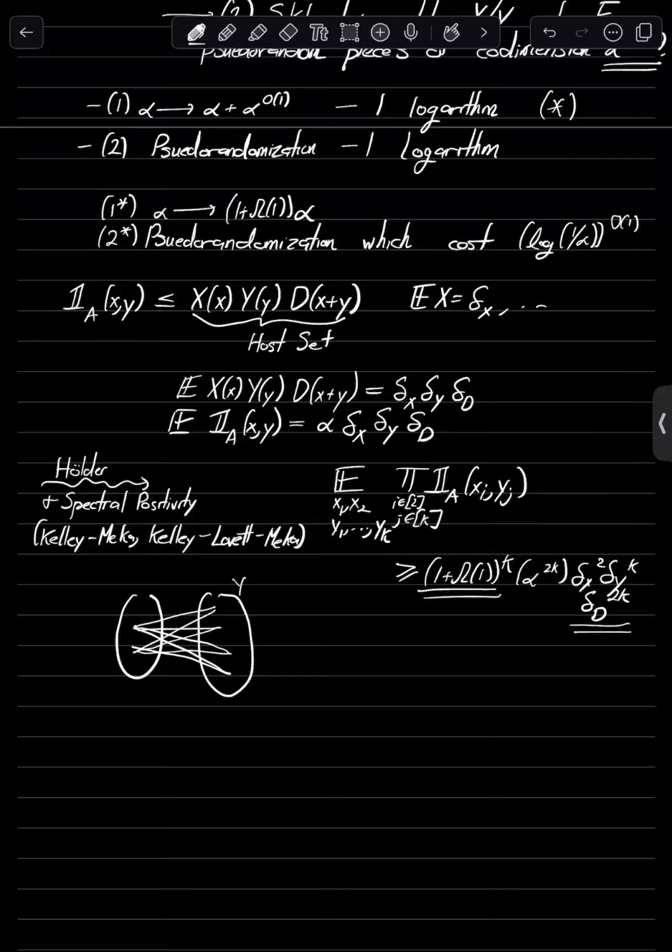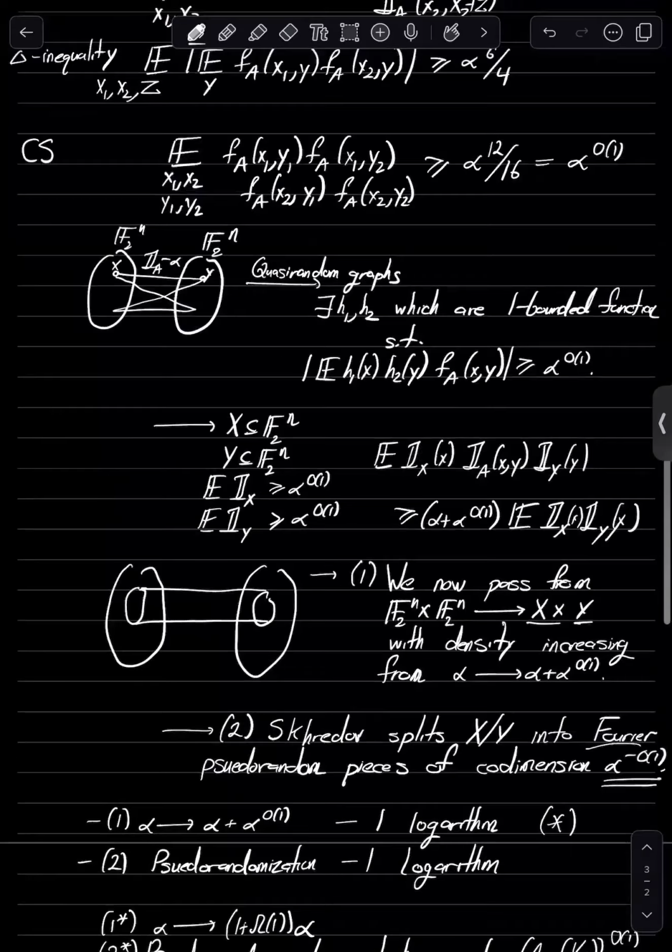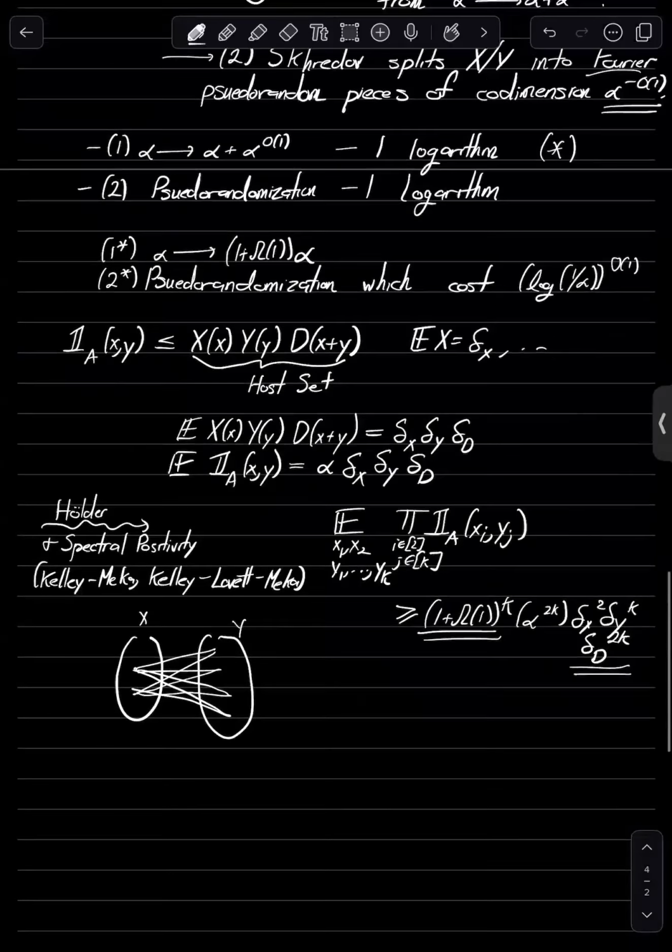I have k vertices in y and 2 vertices in x. And for each edge, I'm getting a constant amount of boost. So that's the assumption. Basically, this Holdering is replacing a C4 by a slightly more complicated graph.